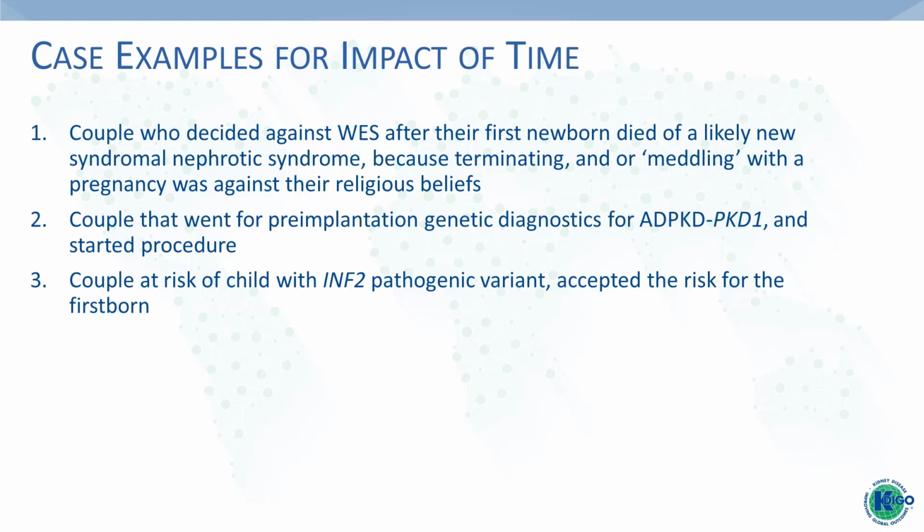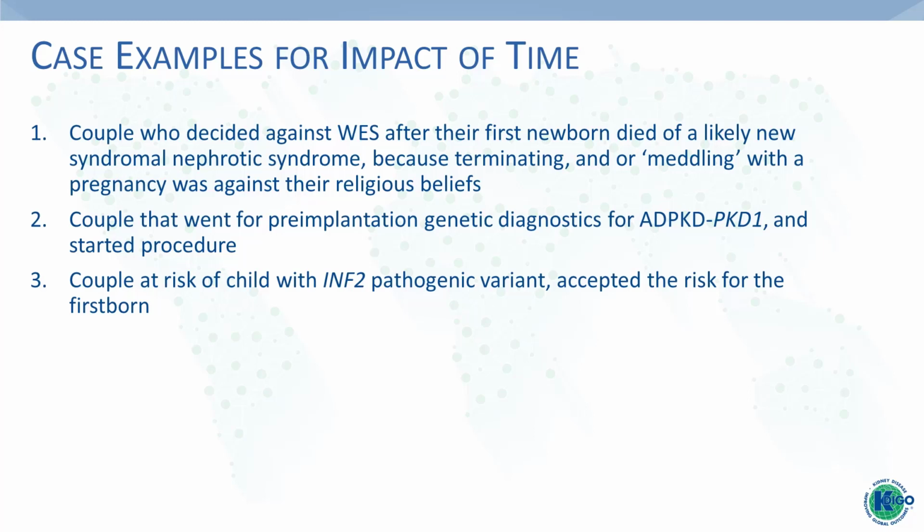The third case I wanted to mention is a couple at risk of a child with INF2 FSGS. The variant was discovered because of a progressive kidney disease in the father. At that point, he wasn't that much bothered by it, and they accepted the risk for their firstborn.